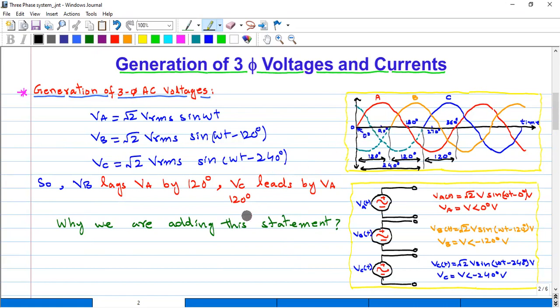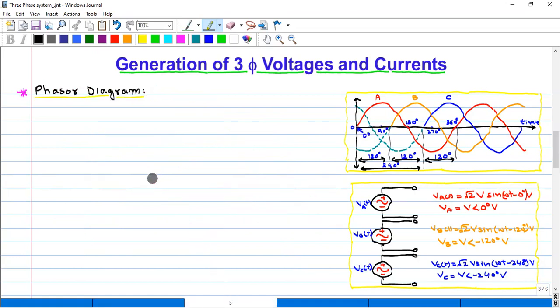So now we will draw the phasor diagram of these three voltages. Let VA be the reference voltage. As we know, VA is equal to √2 times Vrms sine omega t. The phasor form of this voltage is VA equal to V angle of 0 degree.